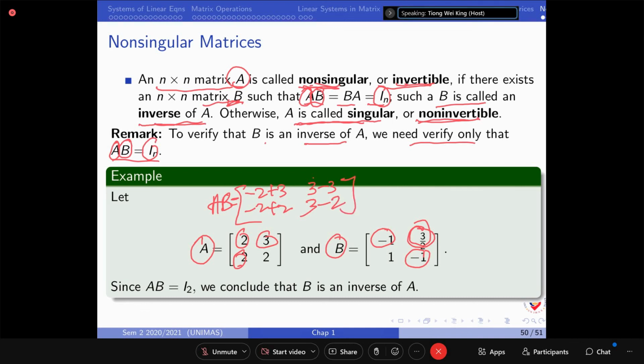So simplify, this is 1, this is 0, this is 0, this is 1. So this is the identity matrix. Since AB equals the identity matrix, we conclude that B is an inverse of A. So this is how you verify that B is the inverse of A.